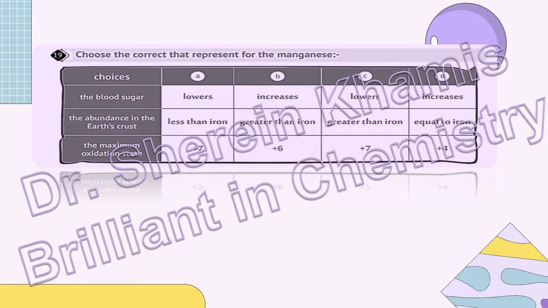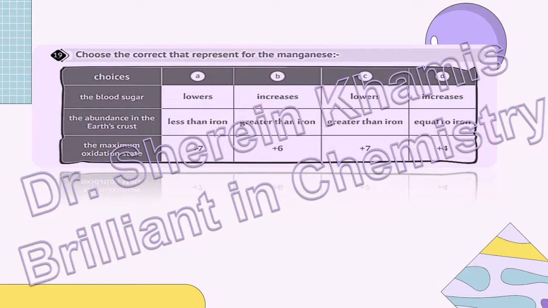But here we have another one, the presence in the earth's crust, iron greater than or less than manganese. Okay, in comparing, we know that the highest one in the earth's crust, the fourth element from the metals present in the earth's crust as a whole, will be iron.